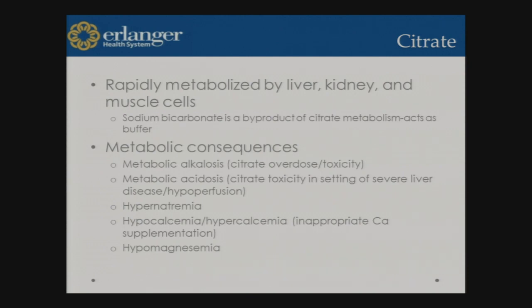It can cause hypernatremia due to the sodium content of the actual ACDA product. Hypo or hypercalcemia would be due to inappropriate calcium supplementation. And then hypomagnesemia, I honestly have never seen the citrate cause hypomagnesemia, maybe in toxicity cases, but on a routine basis, these patients don't get hypomagnesemic.